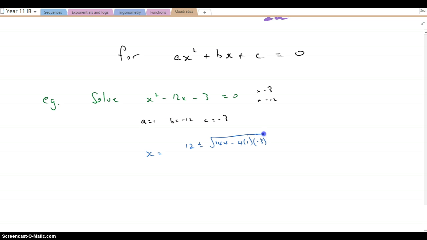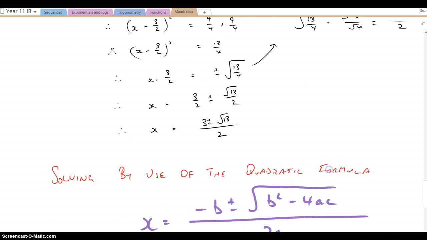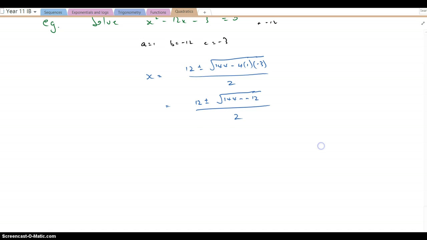I'll be careful with that: 4 times 1 times minus 3, that's minus 12, all over 2. Is this the same question I did a minute ago? It is. So that's 156 now: 12 plus or minus the square root of 156 over 2.